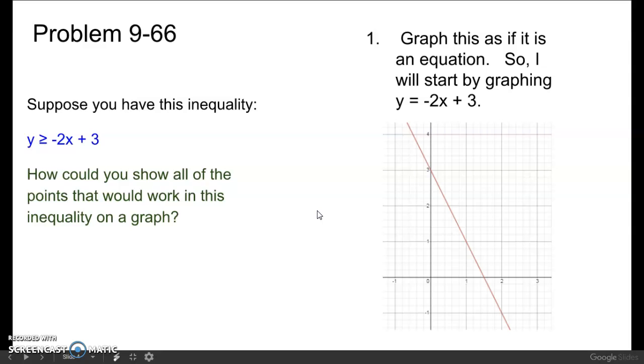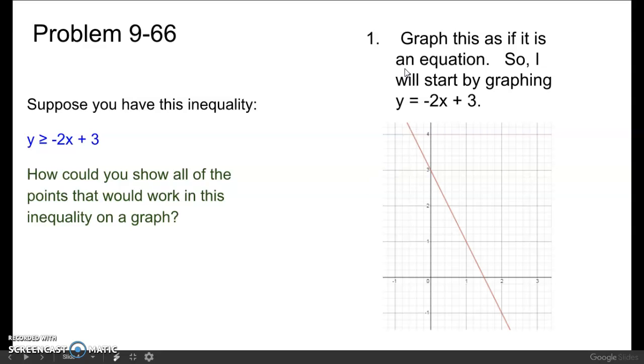Graphing when it was just one variable was a number line. Graphing when you've got 2 variables is basically this here, okay, the Cartesian coordinate plane. All right, so is there a way that we can actually show all of the points that would work? Yes, obviously there is. All right, so there are 4 steps to this. So I'm going to want you to jot the 4 steps down in your Google Doc to show that you paid attention to the video.